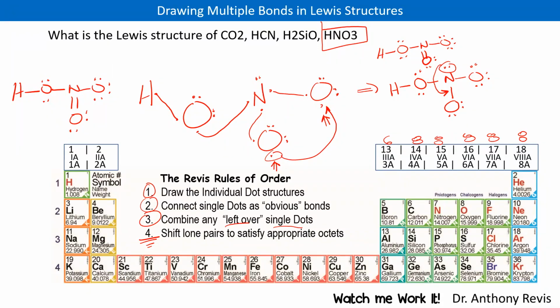So now we have 2, 4, 6, 8, double bonded O, lone pairs on each. On the bottom, now we have 2, 4, 6, 8. Nitrogen has 2, 4, 6, 8. Oxygen on the right, 2, 4, 6, 8. Everybody gets a smiley face. It's very happy.